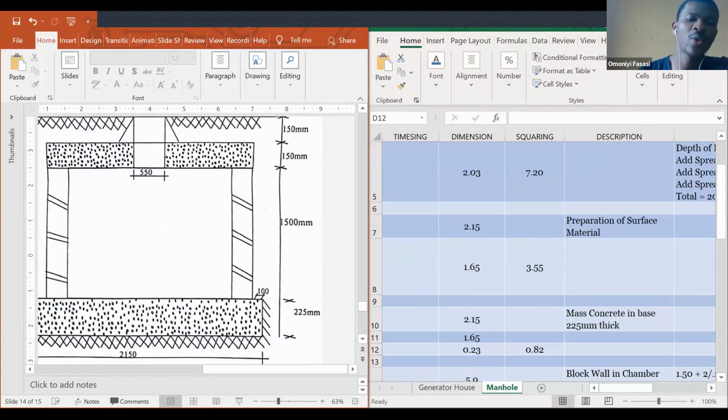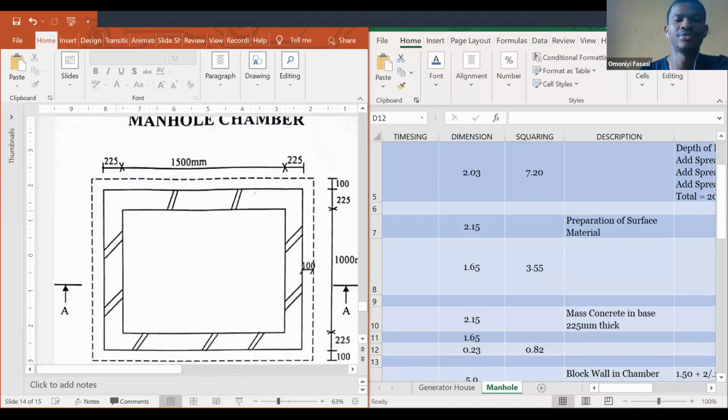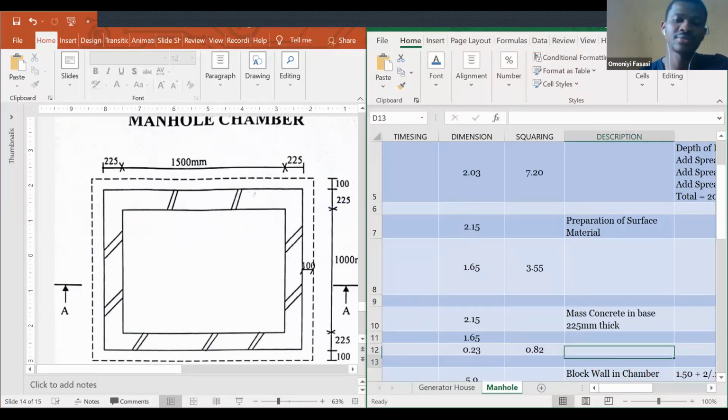So it's 2.15, which is the total length from end to end, times 0.23, which is the depth, times the length of the manhole from end to end. No, times the depth, sorry. That's this plus this plus this plus this plus this. I hope you get it. Then you get your mass concrete.